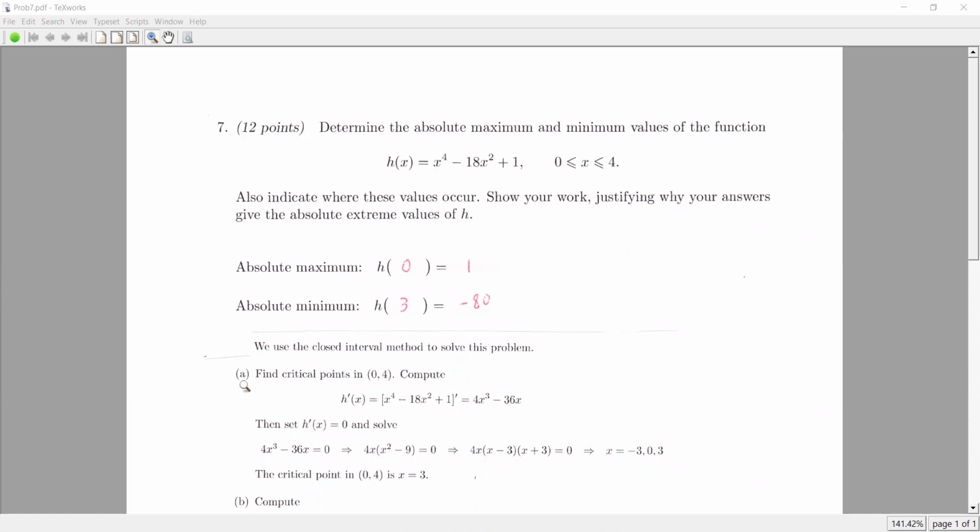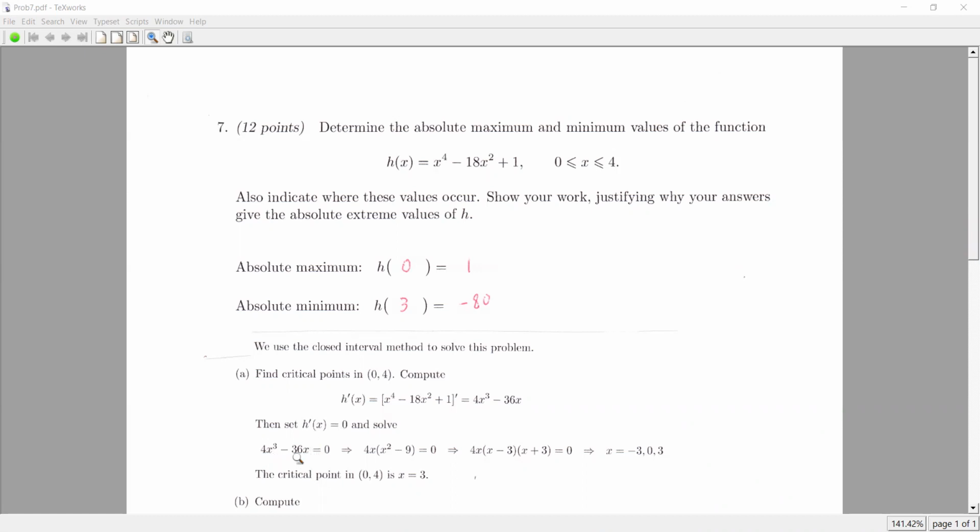The first step of the method is to find the critical points in this open interval. That is, find critical points between 0 and 4. Take the derivative of the function h. Then we have this polynomial. Set the derivative to 0 and solve this equation.